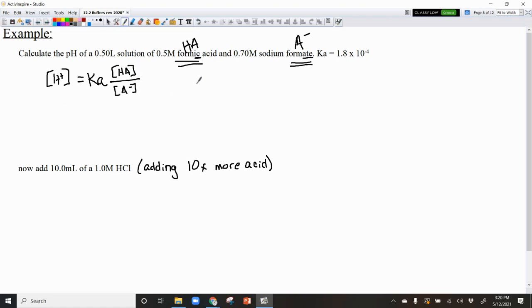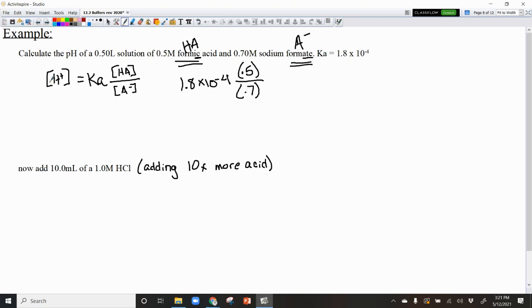All right, so we know the Ka, it tells us here 1.8 times 10 to the negative fourth, times our concentration of our acid, so it's going to be 0.5 molar over 0.7 molar. And this is going to be equal to the concentration of the hydrogen.